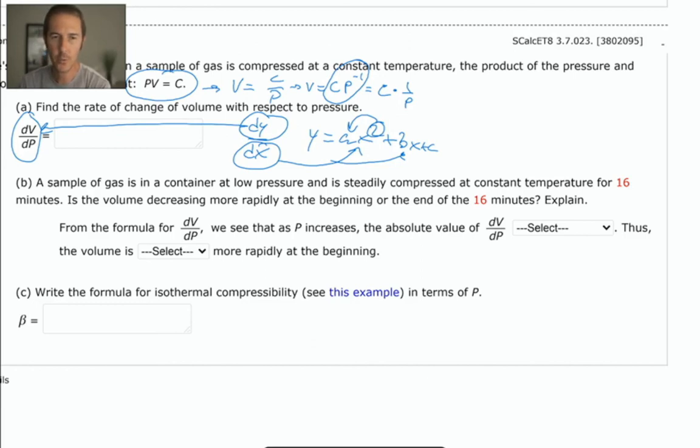As P increases, let's just go ahead and maybe calculate this. I'm trying not to do all the work for you, is why I keep sort of stalling here. What we calculated up here is still just the right-hand side of our V equals equation.